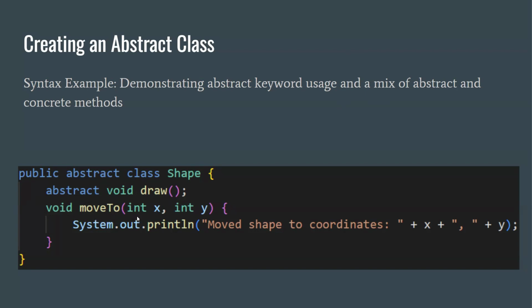Move to will provide a common implementation that can move any shape to a specific location. This demonstrates how abstract classes can mix complete and incomplete functionalities to provide a more structured approach to software design.